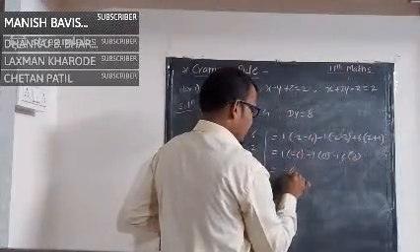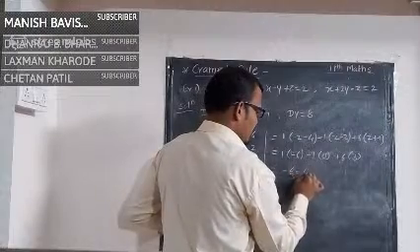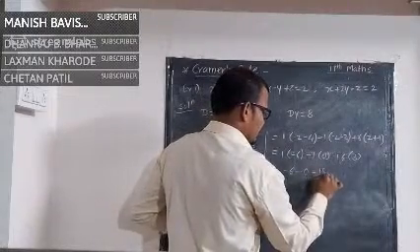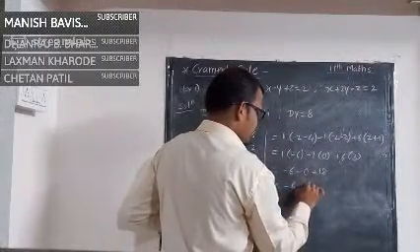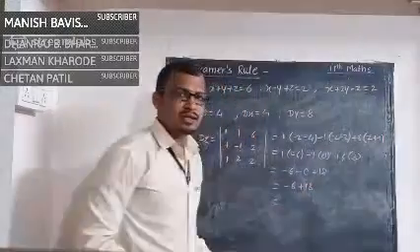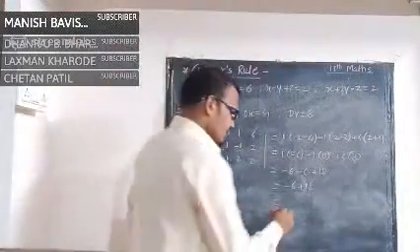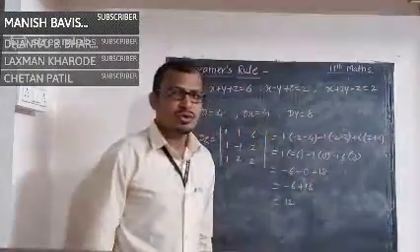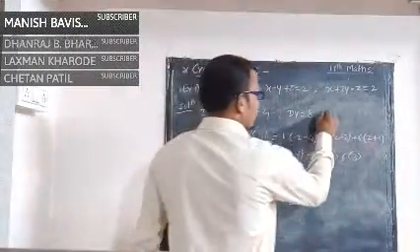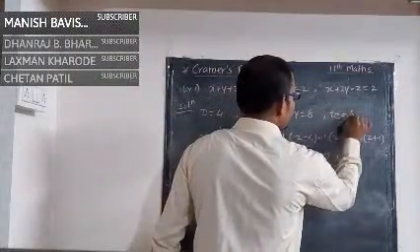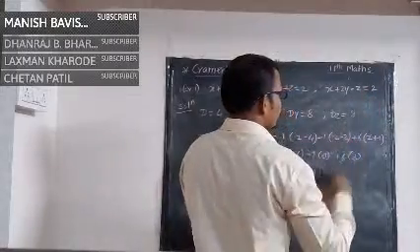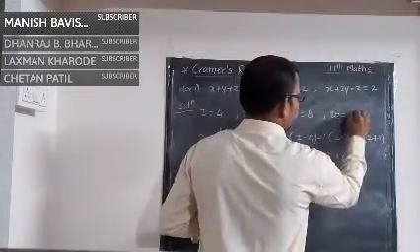So what we get here? Minus 6 minus 0 plus 18. So minus 6 plus 18. What is minus 6 plus 18, Gaurav? Minus 6 plus 18 is nothing but 12. So the value of dz is nothing but 12. What is the value of dz? The value of dz is 12.